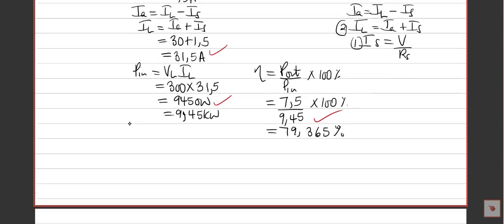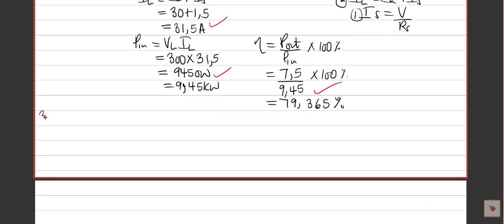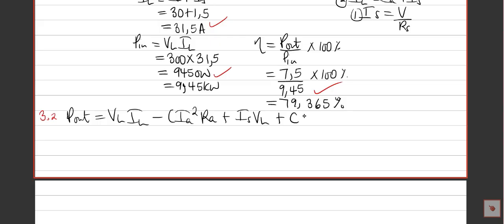This is 3.2. We can represent the formula for P out as VLIL minus IA squared RA plus I shunt VL plus C, where we typically have IAO VL.